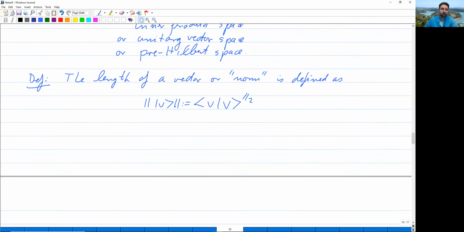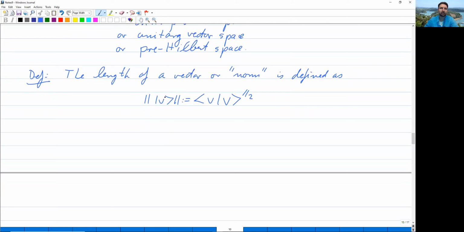And we say, of course, that a vector is normalized if its length is 1. We said that before. But now we will use the definition of a length to make a definition of what is the distance between two vectors. Intuitively speaking, if our vectors were arrows, then the distance between two vectors is this length here.